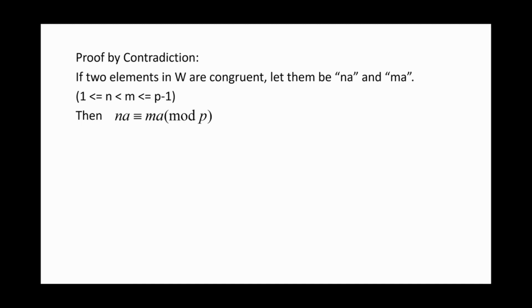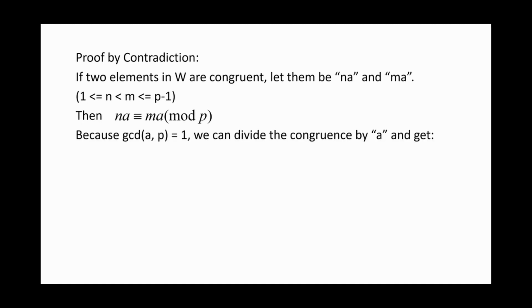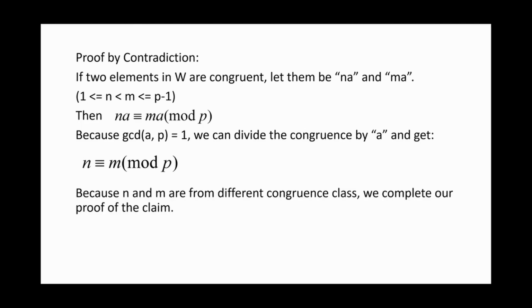We then get the following congruence: na is congruent to ma modulo p. Since a is co-prime to p, we can divide the congruence by a and then get n is congruent to m modulo p. However, since n and m are both in the set S, they are from different congruence classes. We complete our proof of the claim.